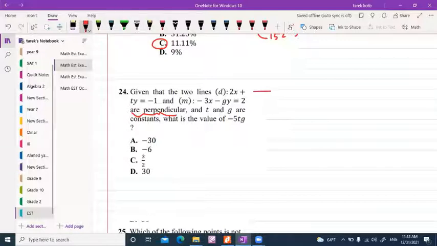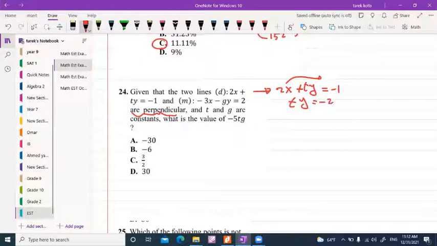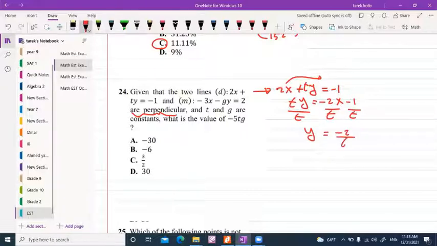The first line is 2x plus ty equals negative 1. How can you get the slope of this line? Take the 2x to the other side, it will be ty equals negative 2x minus 1. Divide by t, so y equals negative 2 over t x minus 1 over t. This is the first equation, so the slope here is negative 2 over t.